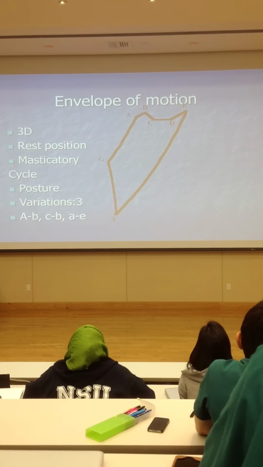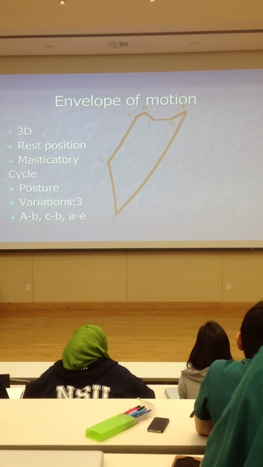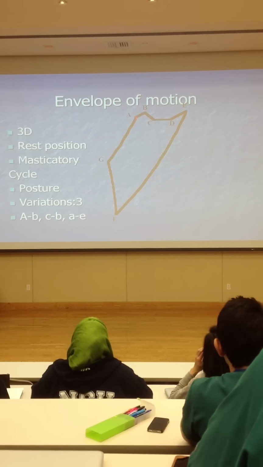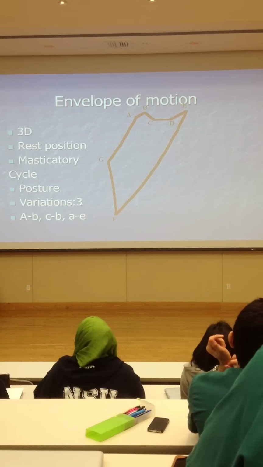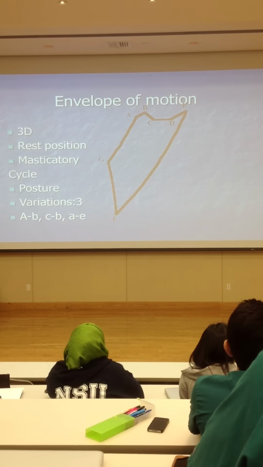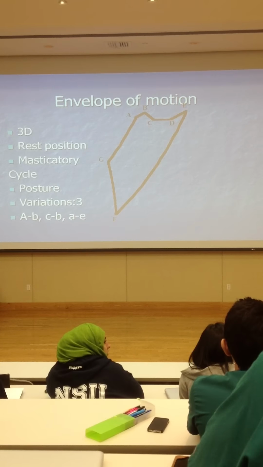Okay? Now, this diagram represents the way the lower teeth are moving. Okay? It does not represent the TMJ. Do you understand that? So, along A to G, the lower front teeth move backwards and down. Down and backwards, like this. These are the lower teeth, okay? Can you see this?